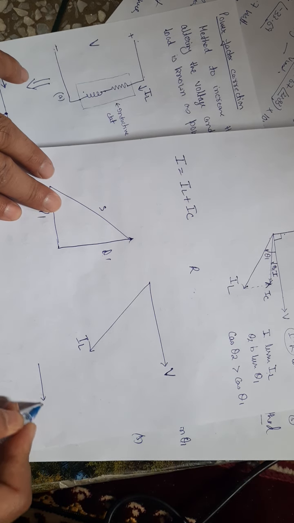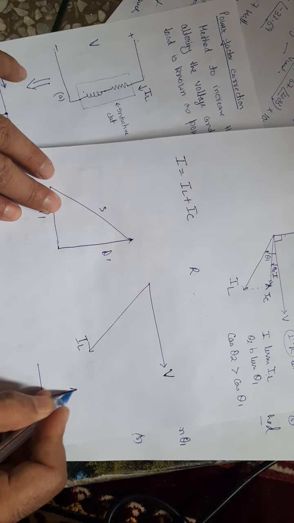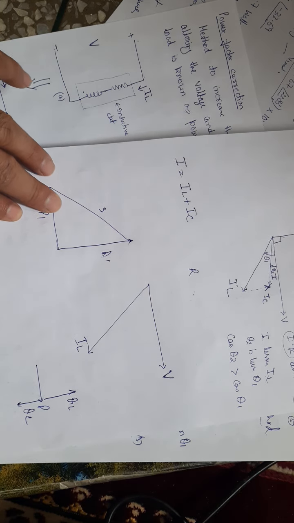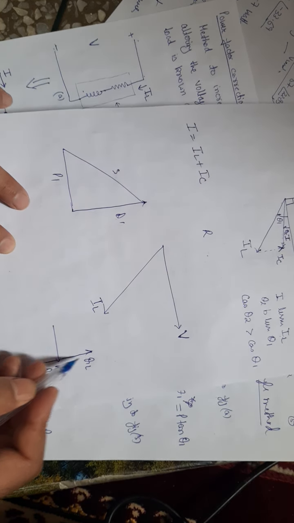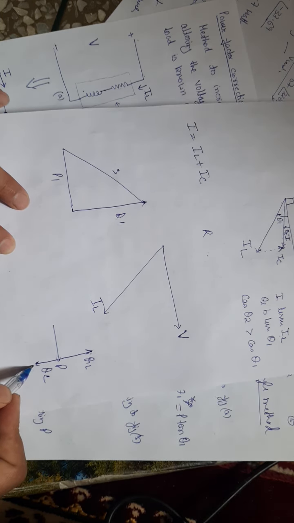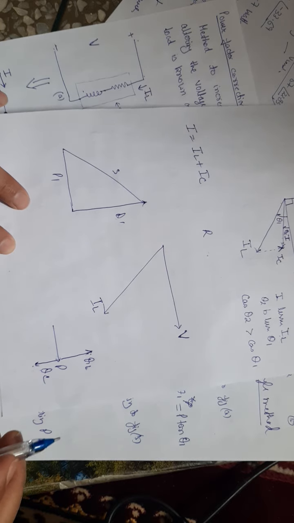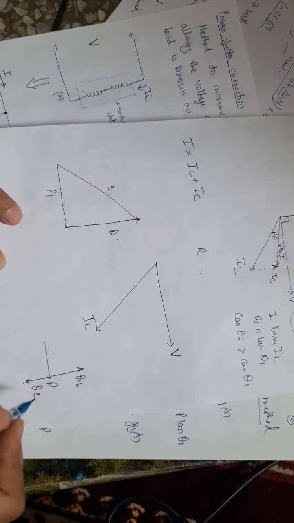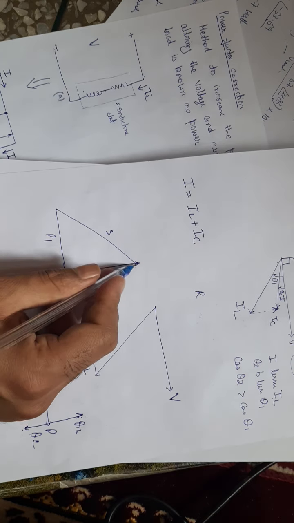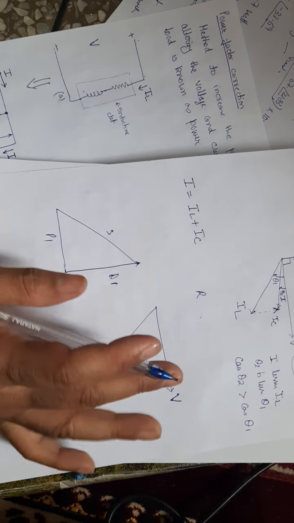You know that in a power triangle, reactive power is leading in case of an inductor and lagging in case of a capacitor. I am talking about the reactive power, not the power factor. So this is Q1, the leading reactive power in case of the RL load, figure A.